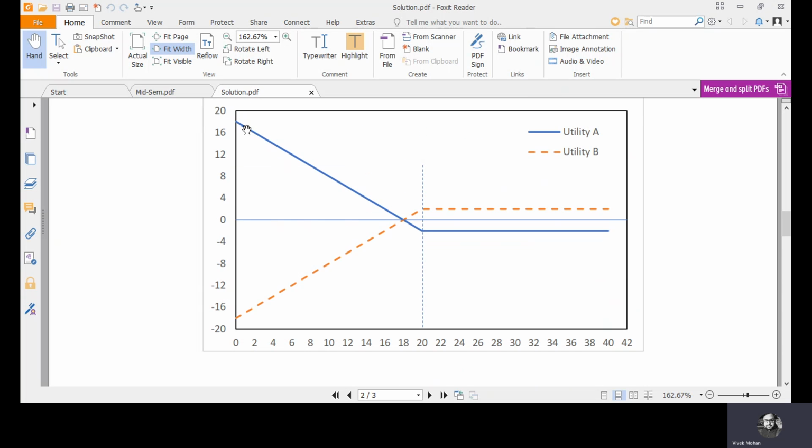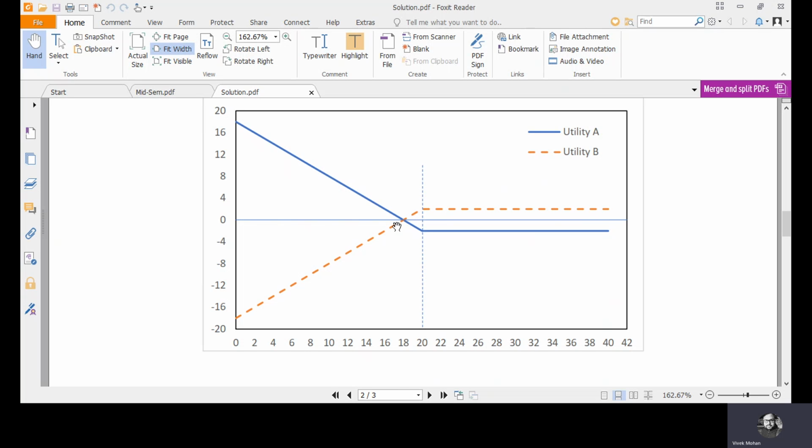Now you can see here, first we'll see the profit of utility A. You can see here the break-even point is 18, because if 20 is the strike price and 2 is the premium, then 20 minus 2 is 18.